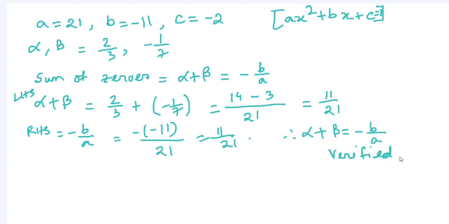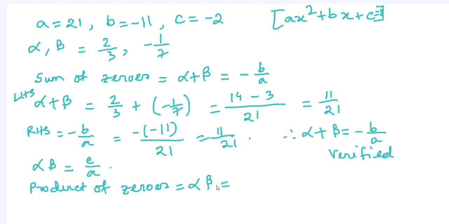Okay, but we have another relationship, that is alpha beta, the product of the zeros, equal to c by a. So let us verify this now. The product of zeros, alpha beta, equals 2 by 3 into minus 1 by 7.